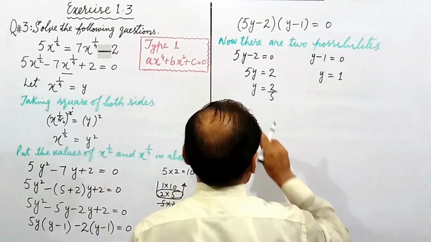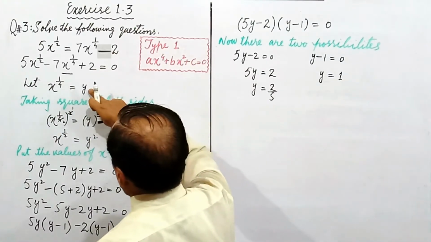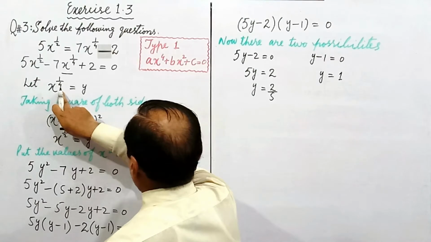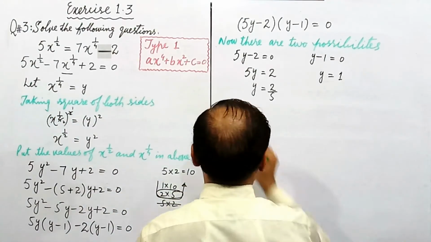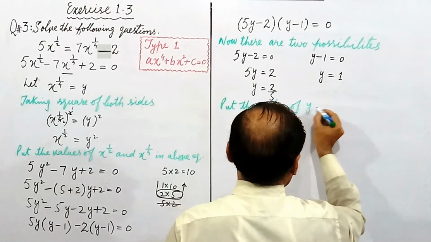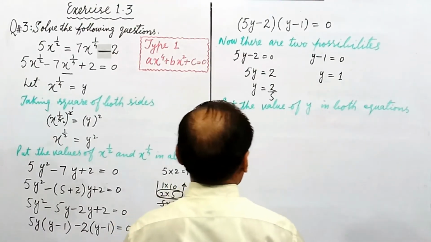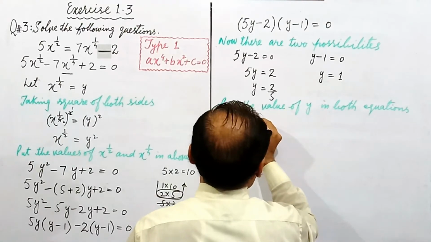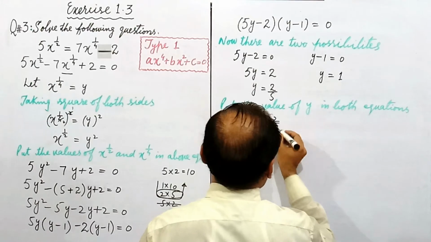Now we have both values of y, and if we replace the value of y equal to x raised to the power 1 over 4, we can find the solution. We have x raised to the power 1 over 4 equal to 2 over 5.